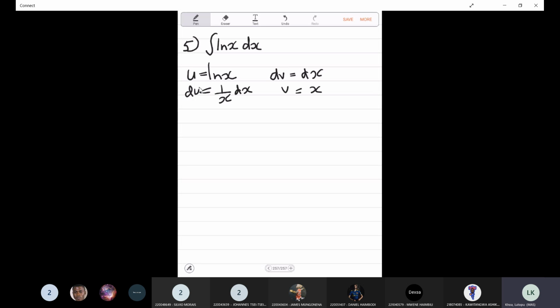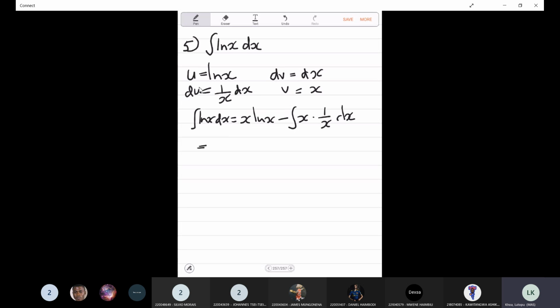Then simply substituting, we have the integral of ln of x dx is u times v, so that's x ln of x minus the integral of v multiplied by du, like that.